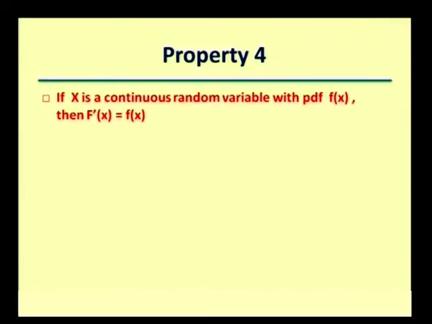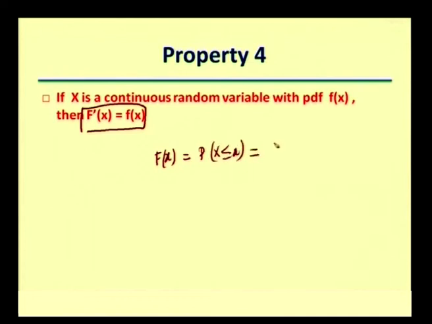Then going to property number 4. If X is a continuous random variable with PDF f of x, then capital F dash of x is equal to f of x. This is a relation between CDF and PDF. Coming to the original definition of CDF, cumulative distribution function, we have defined F of x is equal to p of X less than or equal to x.